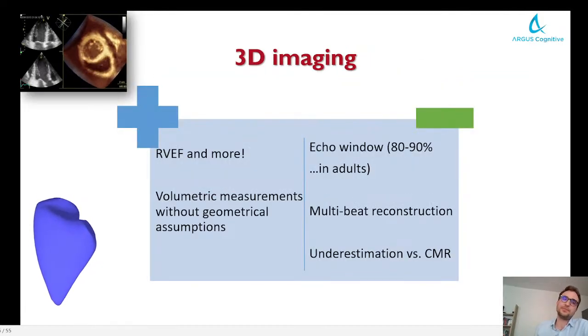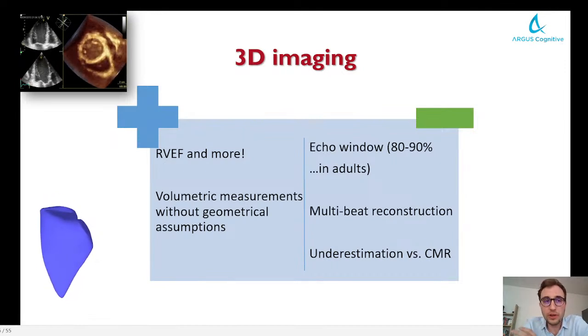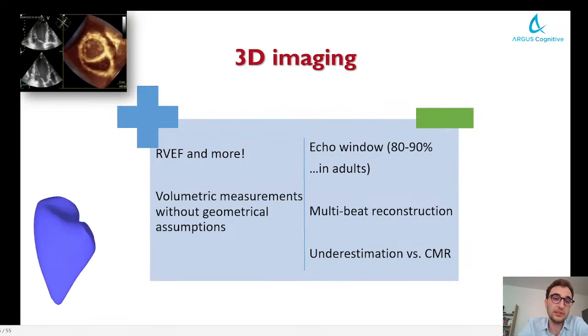3D imaging allows us a more complex assessment of the right ventricle. By measuring right ventricular volumes without the use of any geometric formulas or assumptions, we can precisely calculate the ventricular volumes, and therefore we can measure right ventricular ejection fraction.